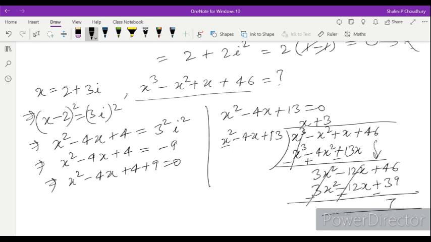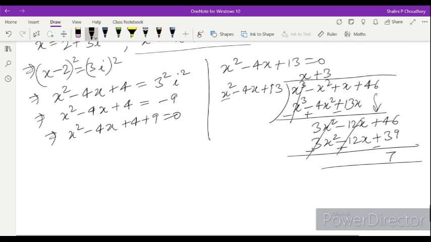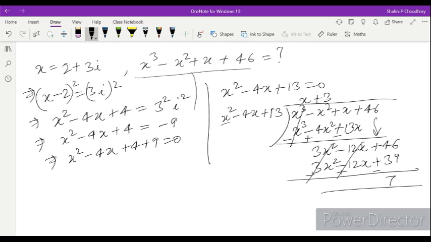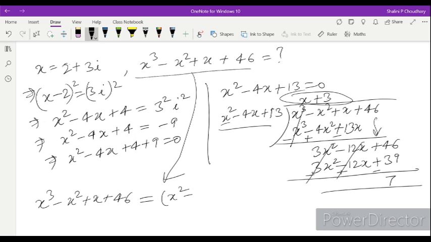So it means what? We can write it like this. We have to find the value of x cube minus x square plus x plus 46. This will be equal to x square minus 4x plus 13 into x plus 3, plus 7.